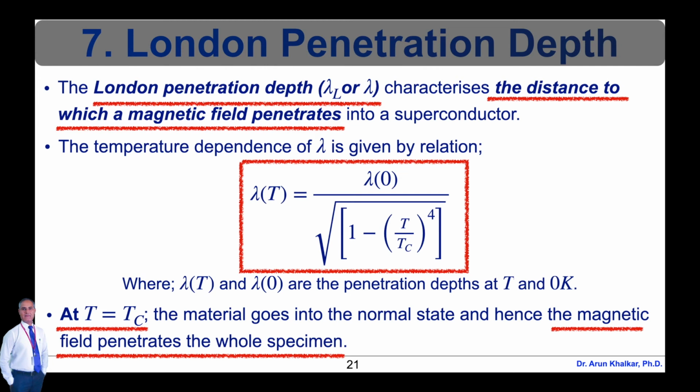At T = Tc, that is, temperature equal to the critical temperature, the material goes into the normal state and hence the magnetic field penetrates the whole specimen.